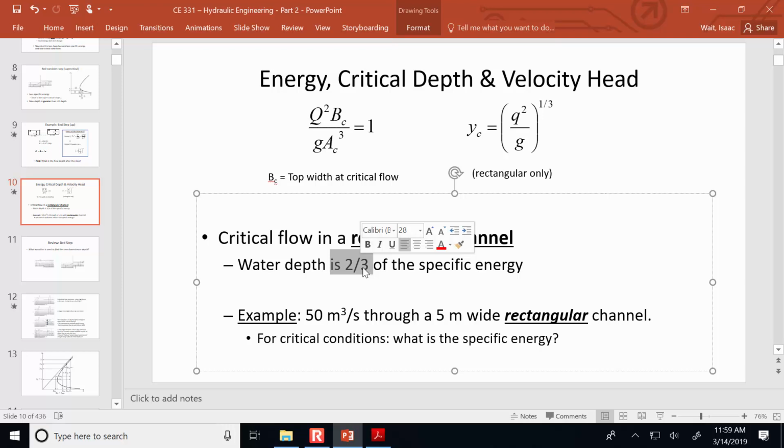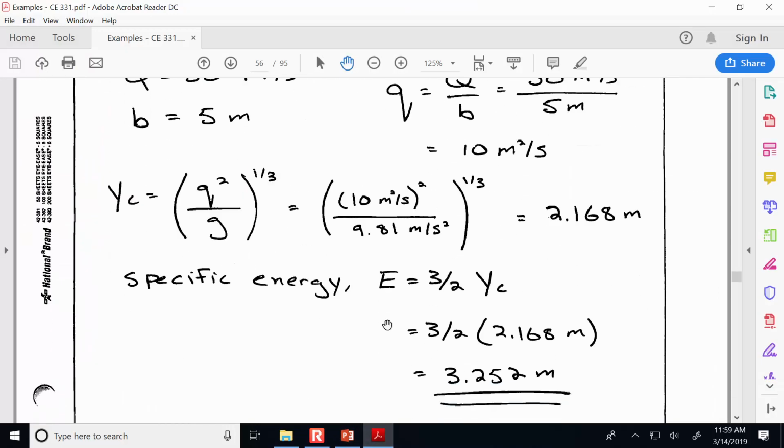So if you have critical flow conditions and you know the critical depth, you can find the specific energy just by multiplying it by 1.5. And that's what this next part is saying: 3/2 of the critical depth means that the specific energy is 3.252. Now this approach only works if it's a rectangular channel.